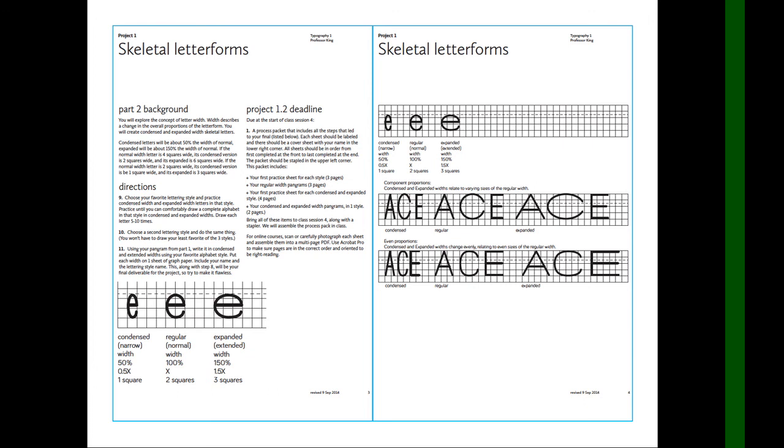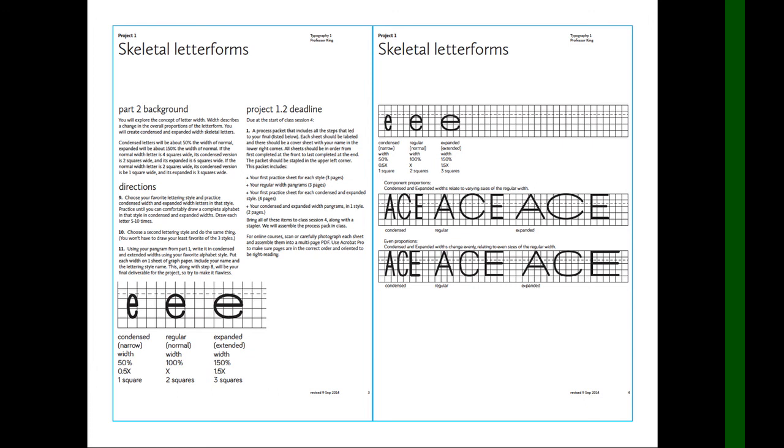So what's due? You are going to hand in all of the pangrams that you've done, plus selected practice sheets. You're going to put together a process packet for me. So the process packet will be put together in the order in which you did it. It's going to allow me to look through and see how you progressed.